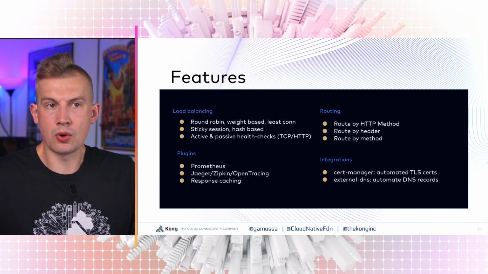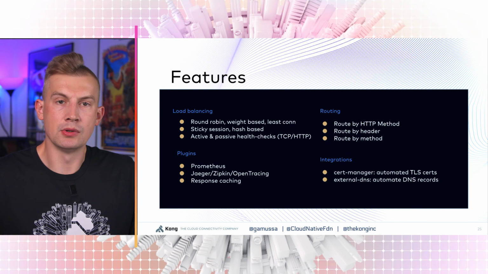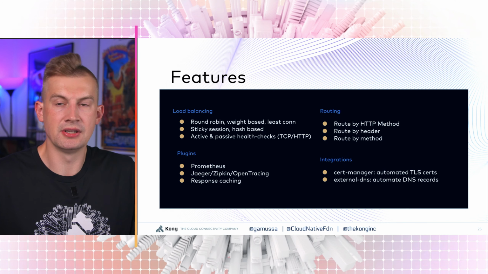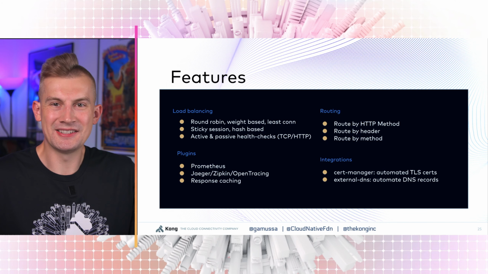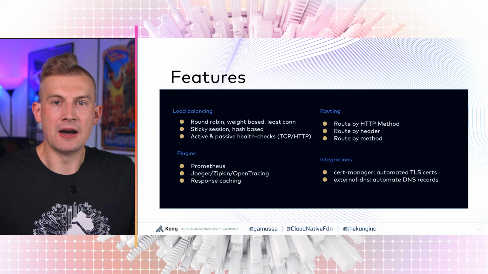Kong supports different load balancing techniques. You can configure this: classic round robin, weight-based load balancing is supported, and sticky session if you still need to use this in 2021 for some reason.